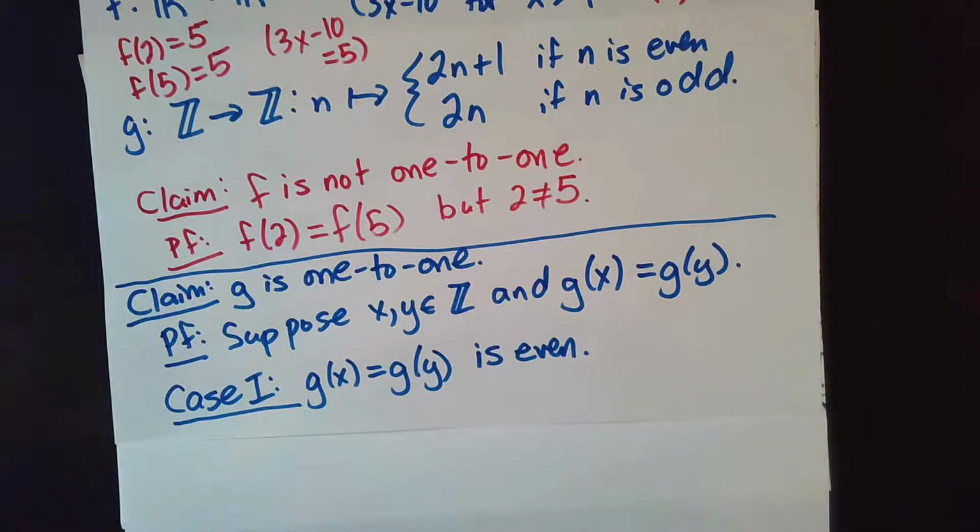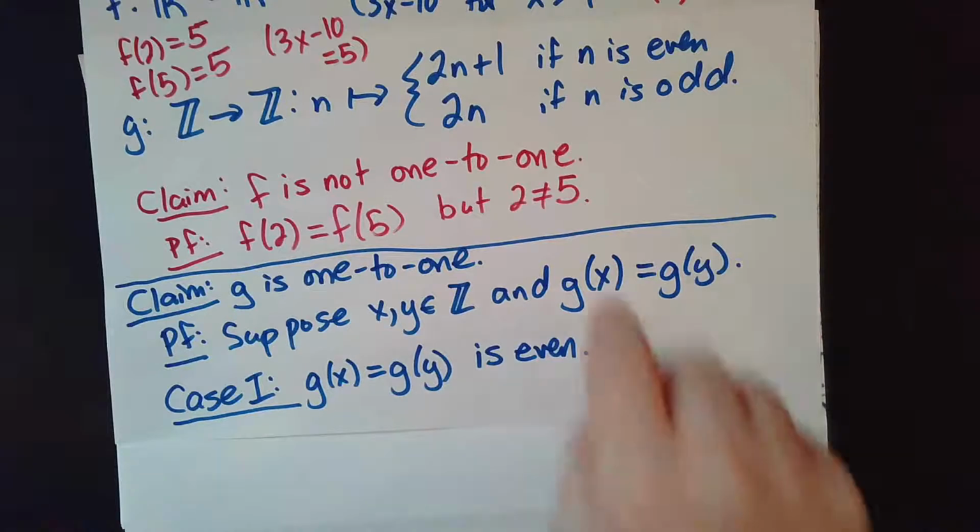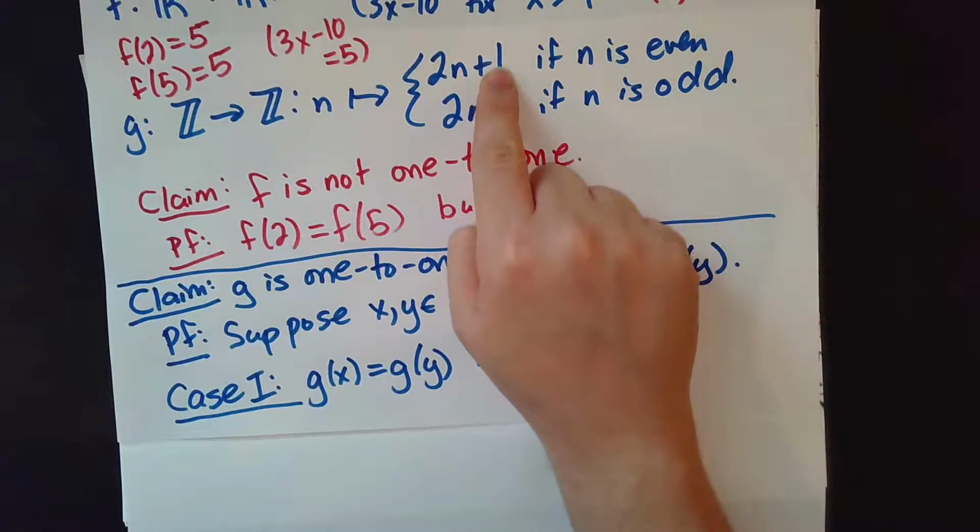Well, what's the only way to get an even number out of this function? Right. Put an odd number in, right?